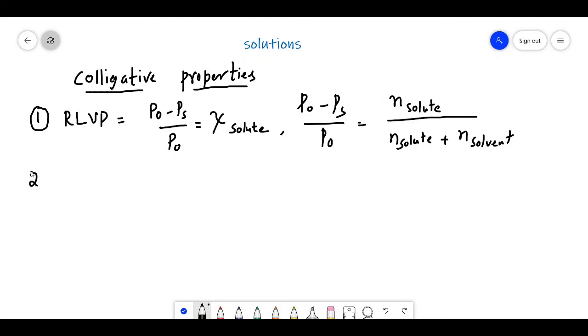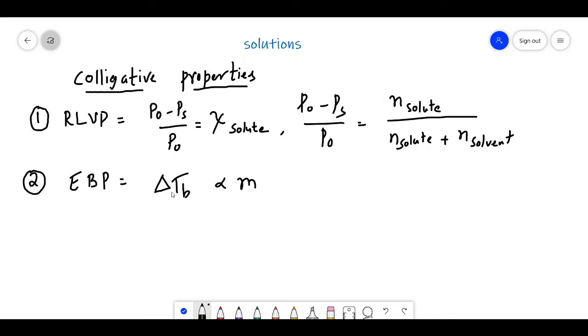Next, the second colligative property is elevation of boiling point. The elevation of boiling point, delta TB, is proportional to molality. Colligative properties are the properties which depend on the number of particles present in the solution.